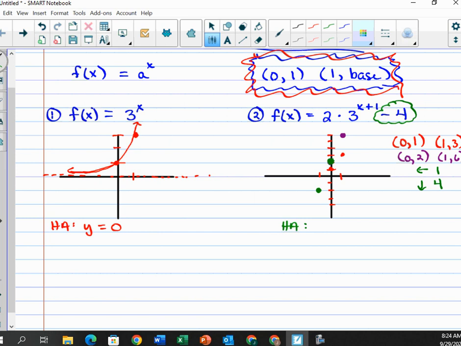If you think about a horizontal asymptote, moving it left and right is not going to have any sort of impact on the asymptote, but shifting it up and down definitely will. So it's going down 4, so I know my horizontal asymptote is all the way down at y equals -4. And then sketch your graph, and that's it.